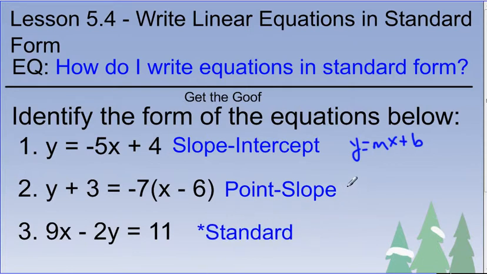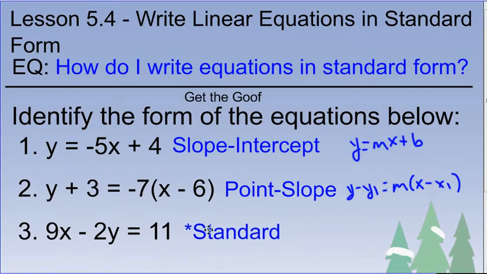Point-slope looks like y minus y1 equals m times x minus x1. The one we have not seen yet is standard. And actually, we did see it a while back. We just didn't call it standard form at the time. And this looks like ax plus by equals c.